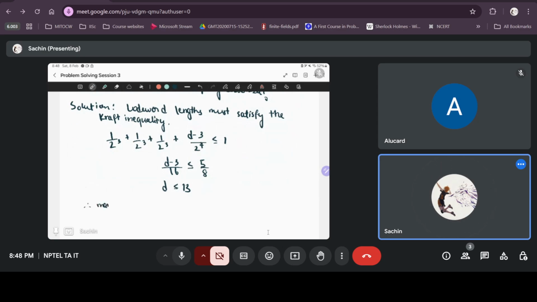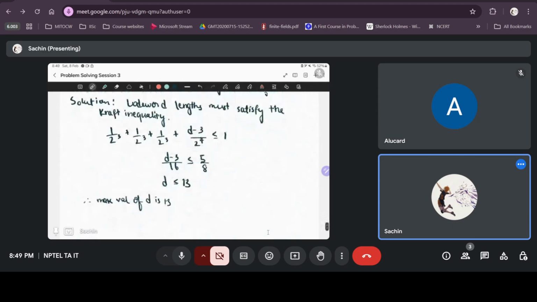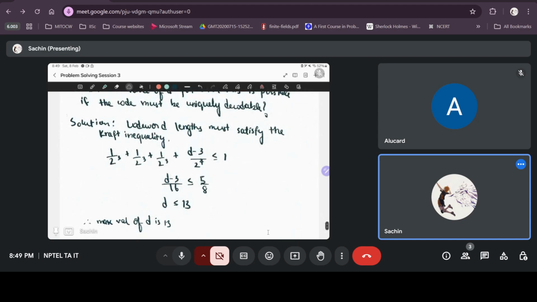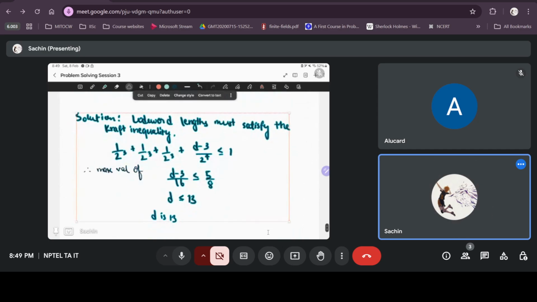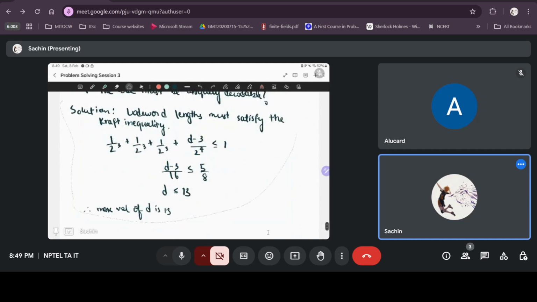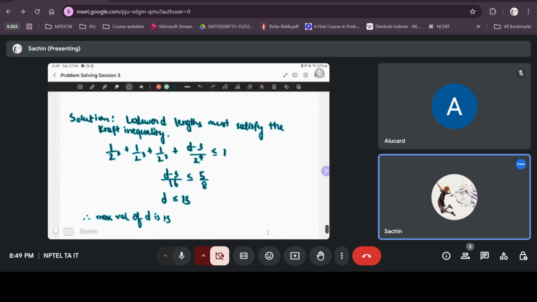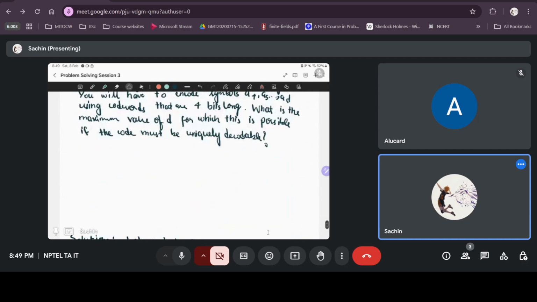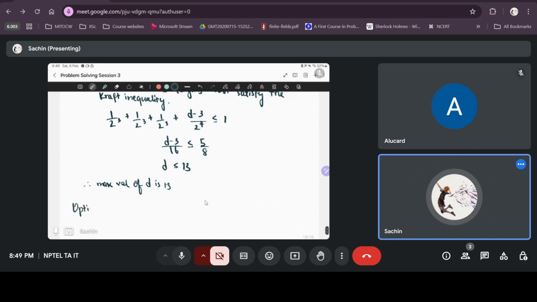So the max value of D is 13. Forgot to give you the options. Options are 13, 10, 11, and 8. So the right answer is option A.